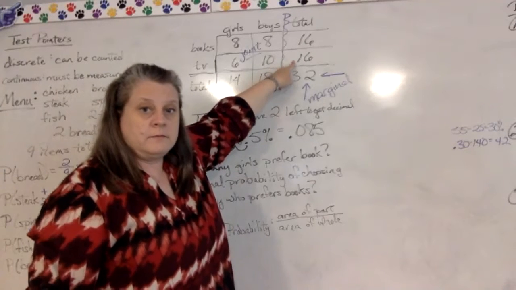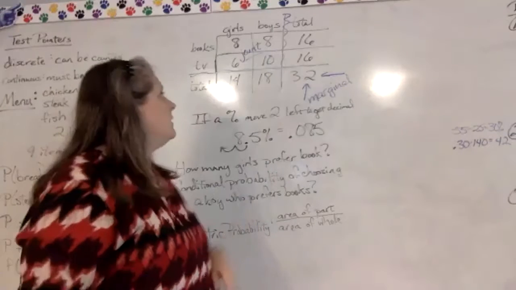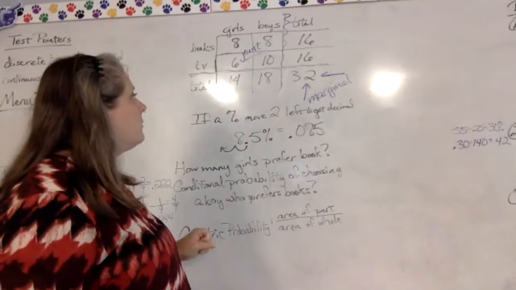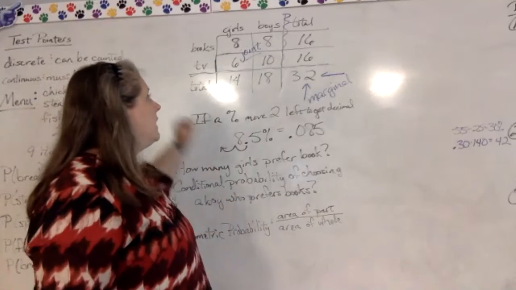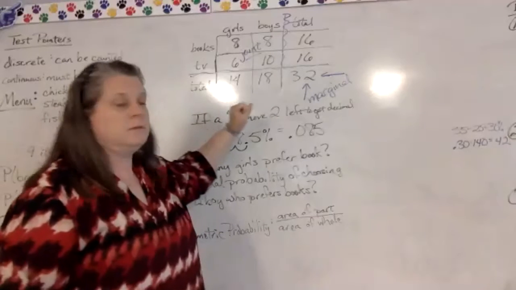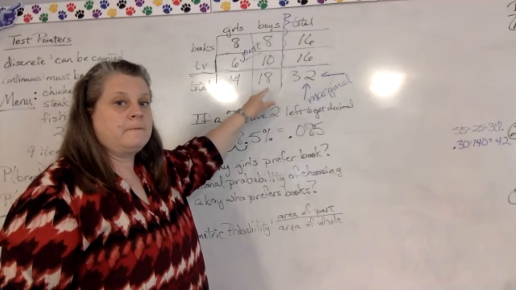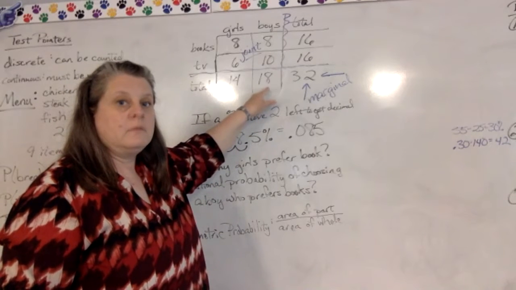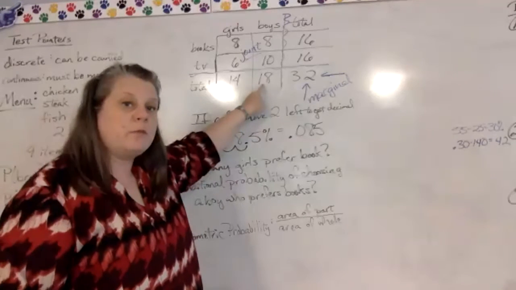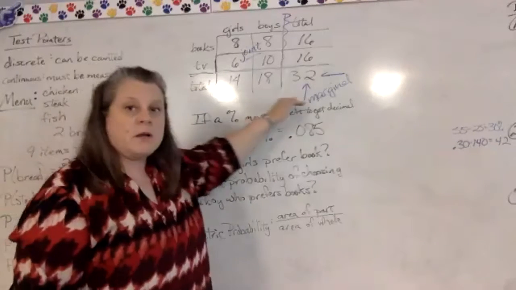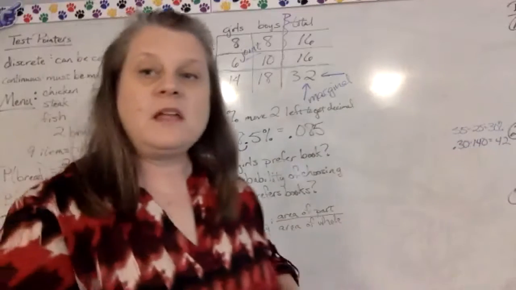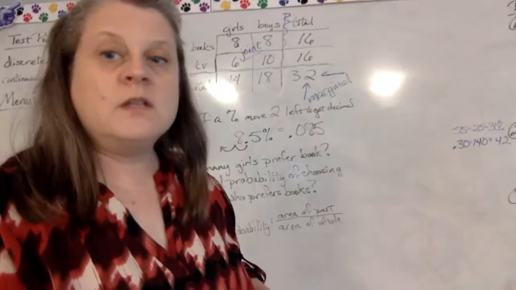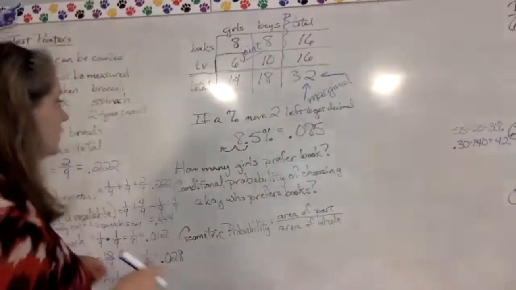Marginal. If the total number of boys, would that be a joint or a marginal? Marginal, because it's the total number of boys. If it's in one of these bottom rows or columns, it's one of your totals. So it's marginal frequencies, okay?